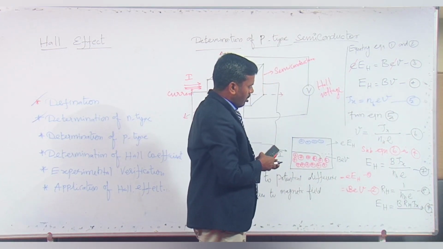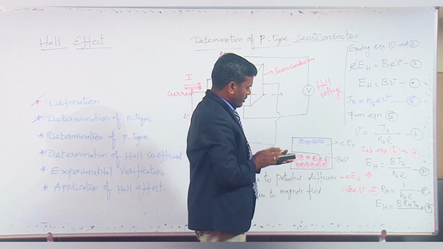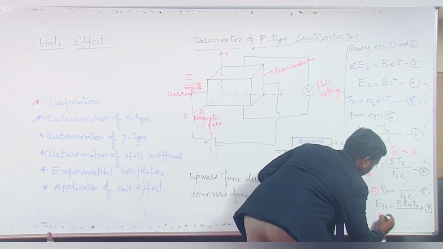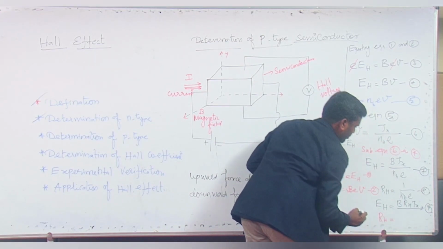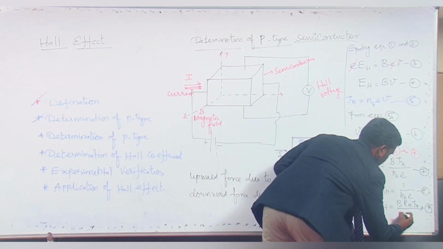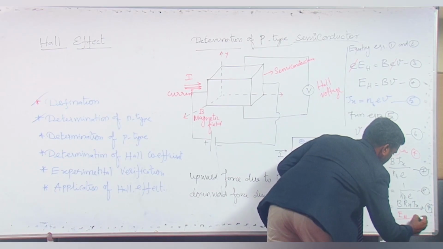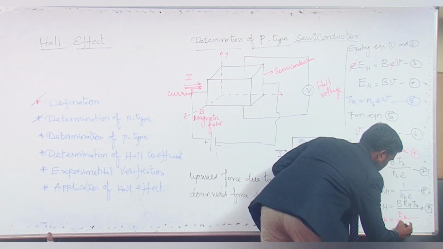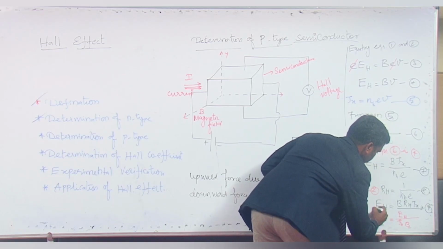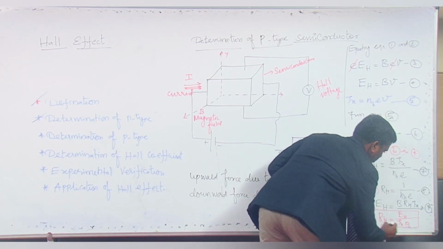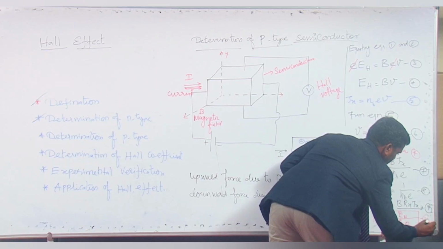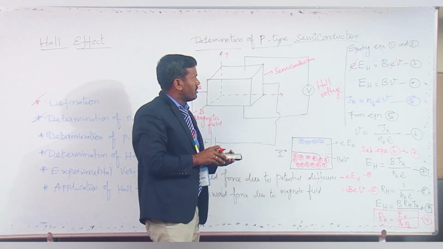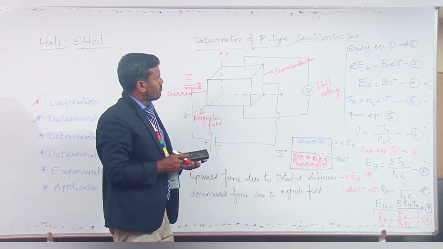This is the Hall field. From equation 9 you can write the Hall coefficient RH is equal to EH divided by Jx B. This is equation number 10. Equation 10 represents the Hall coefficient for a p-type semiconductor.